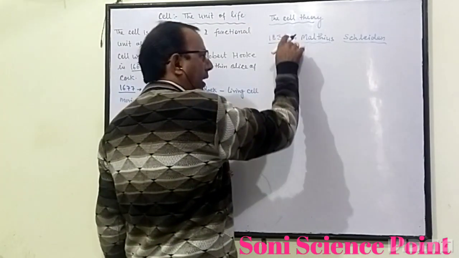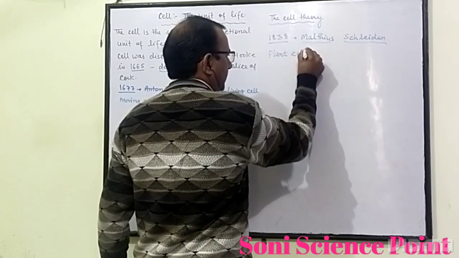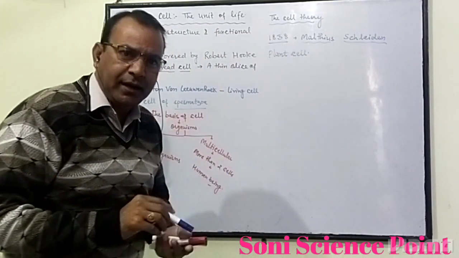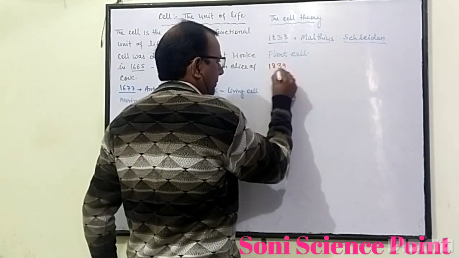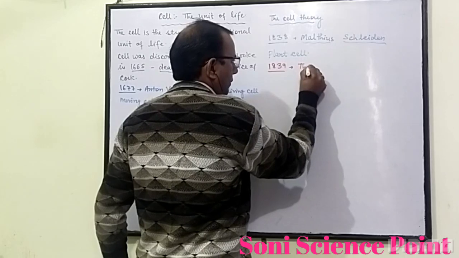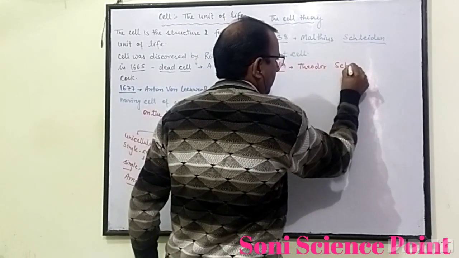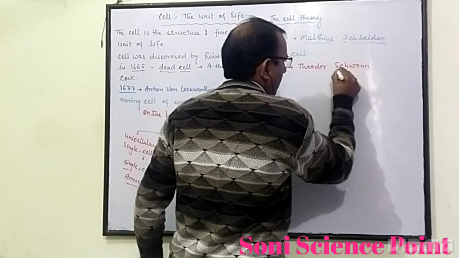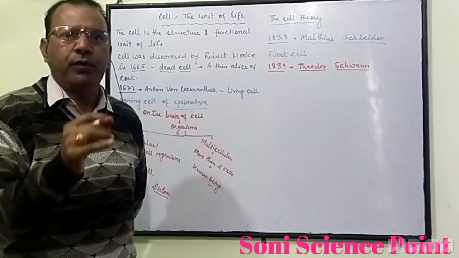So he proposed the plant cell. At the same time, in 1839, Theodor Schwann proposed that all animals are also made up of cells.